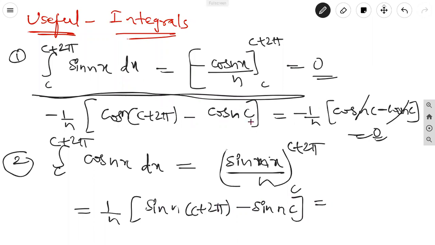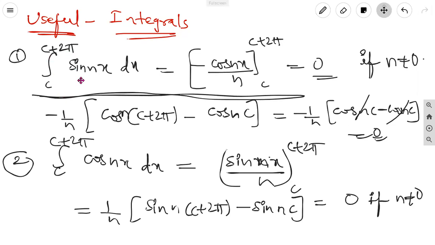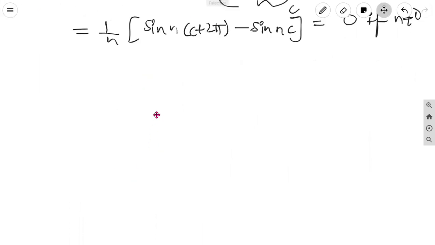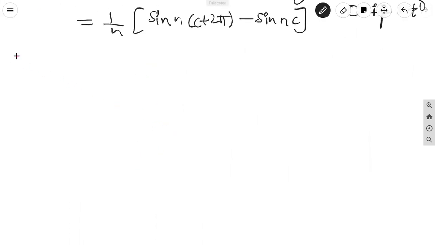Again it is in the same form, so this will be 0. Why? 2n pi plus c is the first interval, so we get sin nc minus sin nc, equal to 0, if n is not equal to 0. The condition should be n is not equal to 0. Remember, the integral c to c plus 2 pi of sin nx dx is 0, and of cos nx dx is also 0.